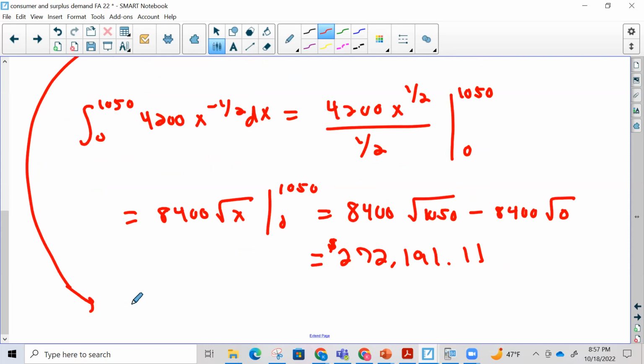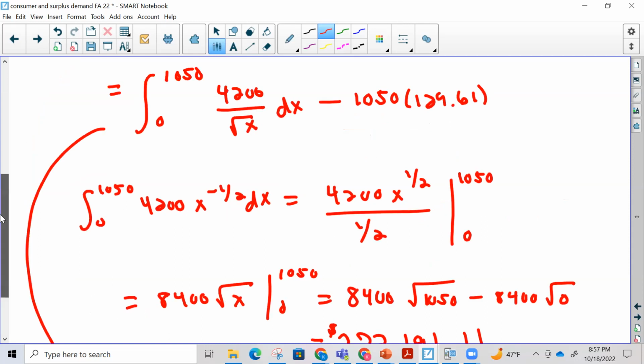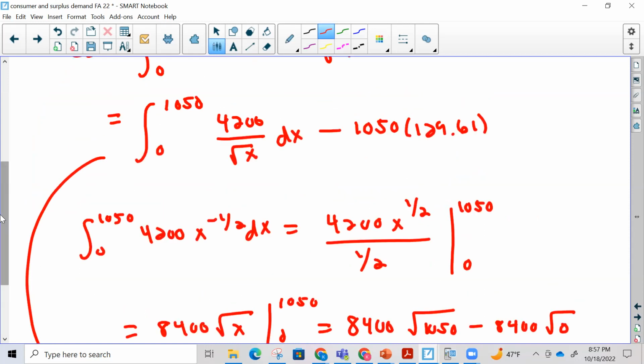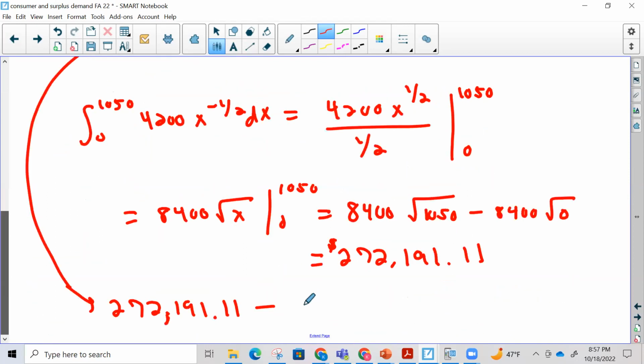So we get 272,191.11 minus, okay, let's multiply that out. 1050 times 129.61. I'm multiplying this out and I get $136,090.50.